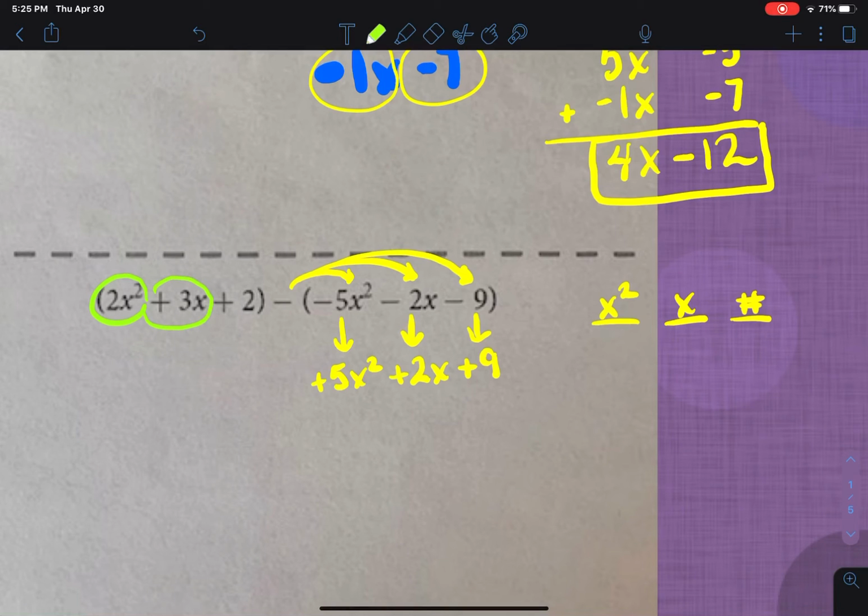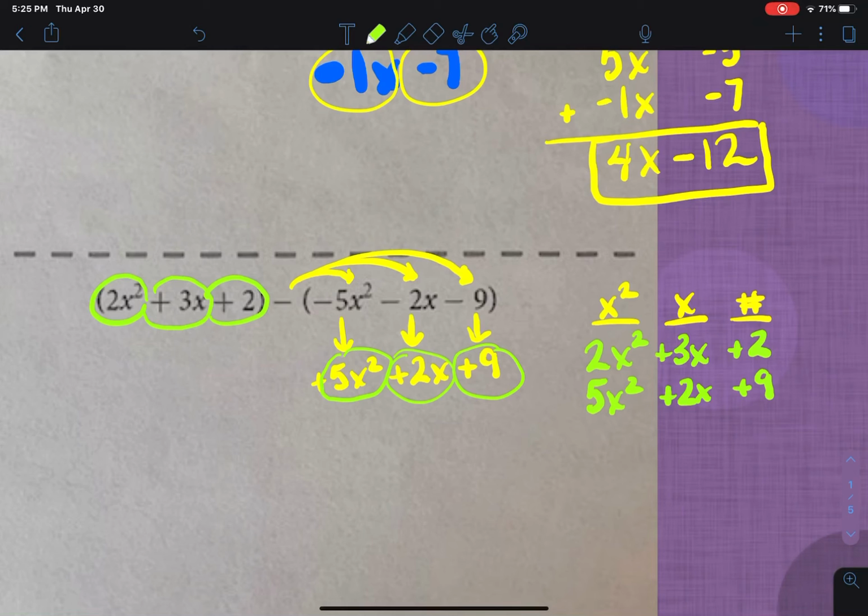And now we can go through and start to get things sorted where they belong. So 2x squared plus 3x plus 2, 5x squared plus 2x plus 9. And now we're going to go through and just total them.